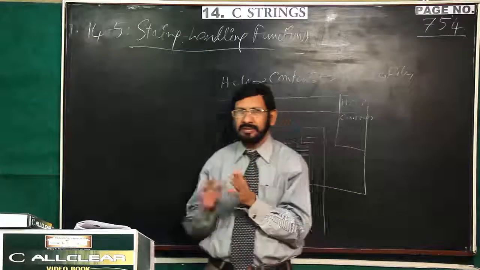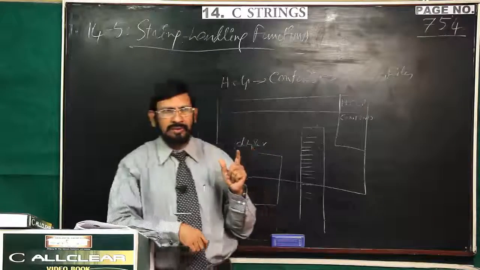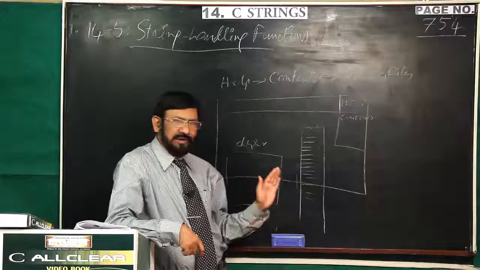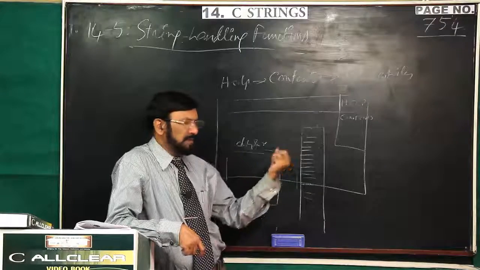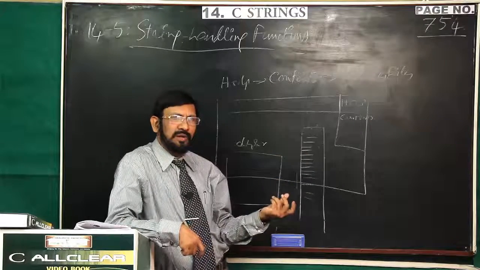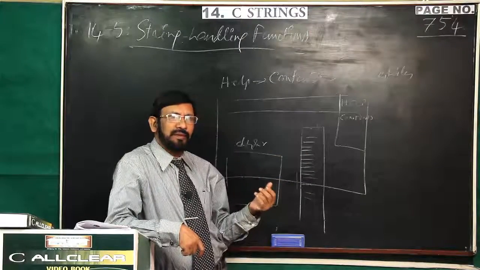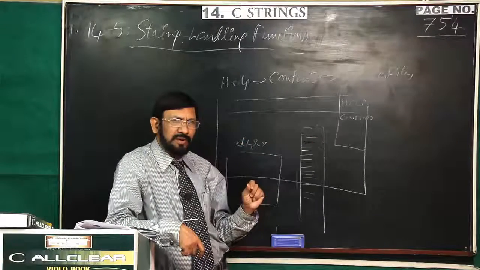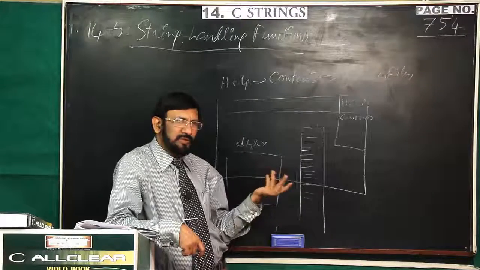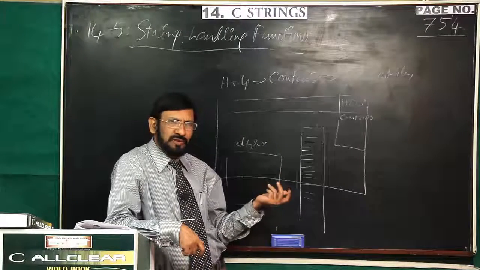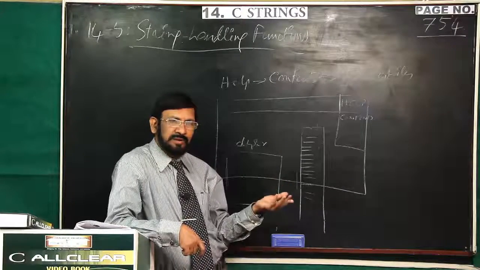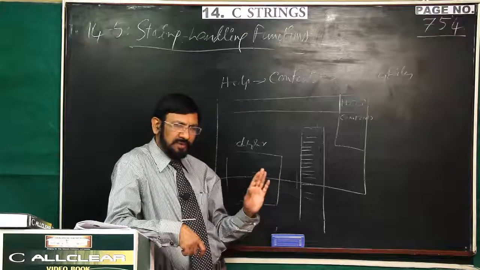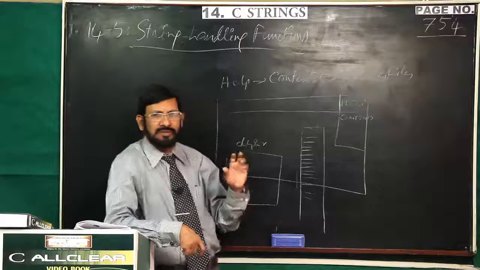In this way, we should know about the ready-made functions in the library. It is a treasure. At least you should know what the contents are, what type of services are provided by the library. If you know all that, your job will be easy. Any project you develop, you identify the particular functionality you require. There are few header files, around 20. Functions may be hundreds, but header file wise you can identify what type of functions it contains.